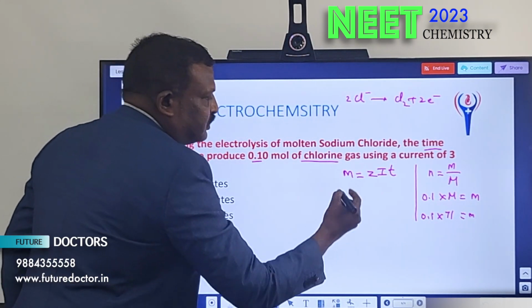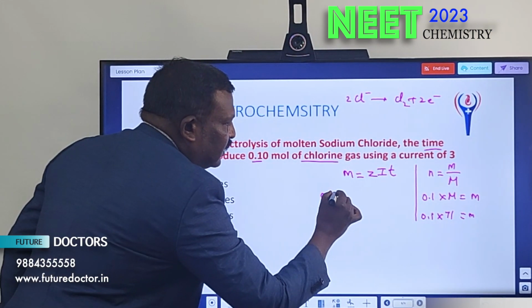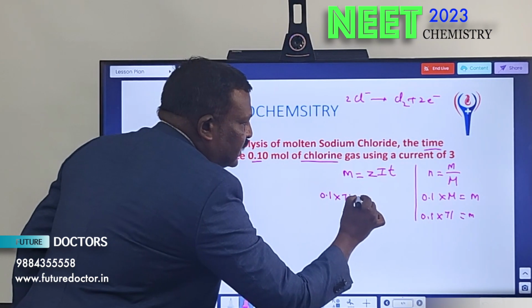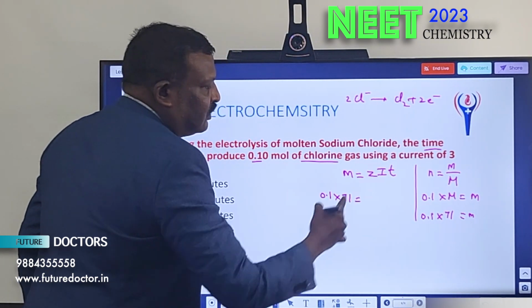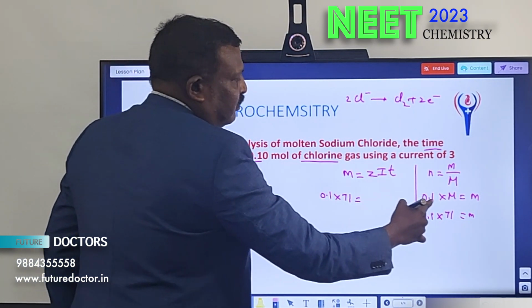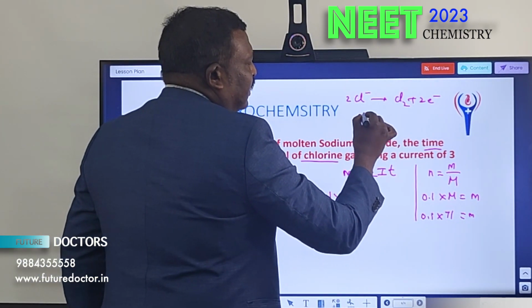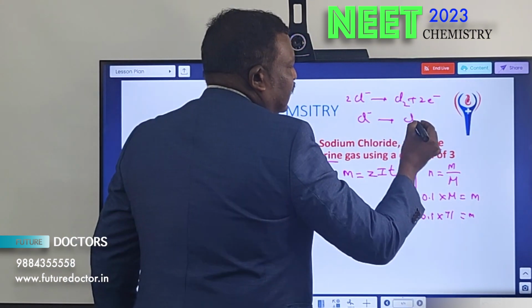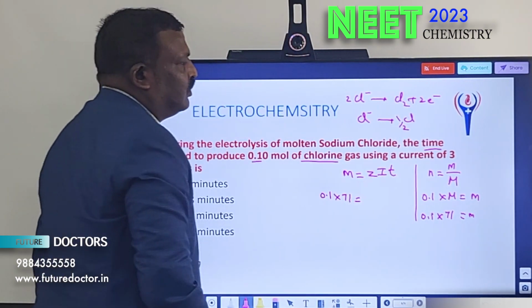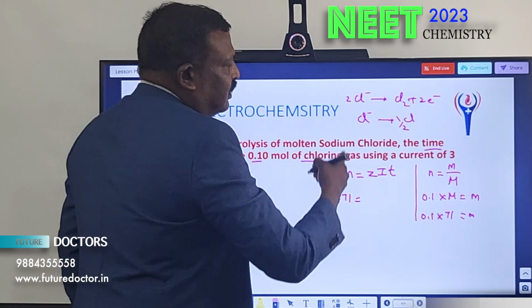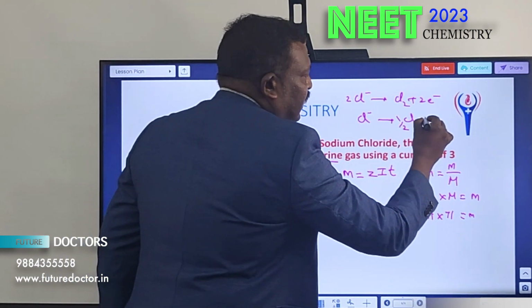This is equal to what? Mass. So you just substitute here 0.1 into 71 is equal to mass. Z is nothing but equal mass, no? Equal mass will be for chlorine. Equal mass will be now that Cl becomes what? Okay, Cl becomes what? Half Cl2, no? If you have 2 Cl means Cl2, but Cl minus becomes what? 1 electron.